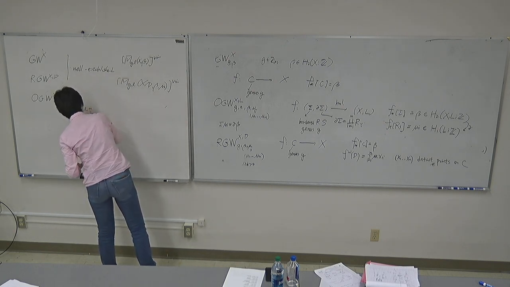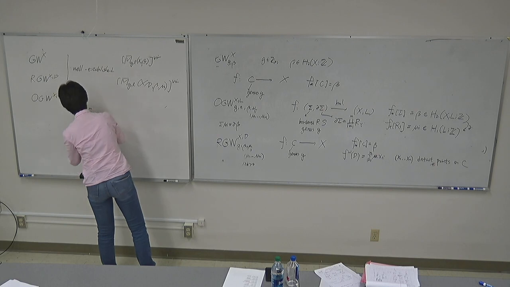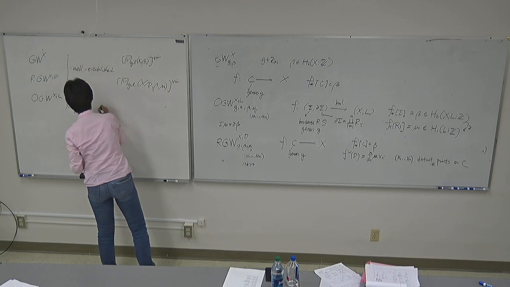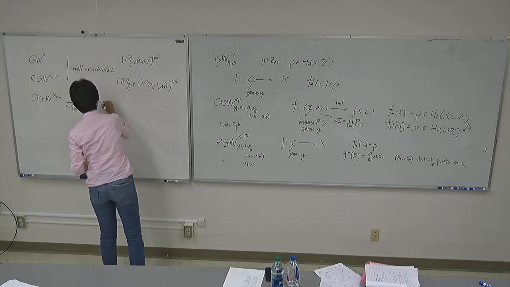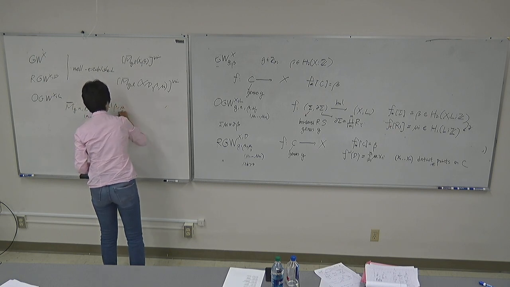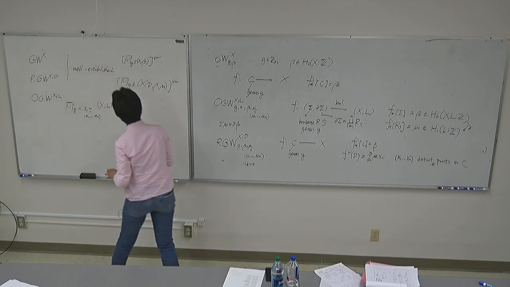Let's say the boundary components are ordered, and each boundary component has a certain number of marked points.